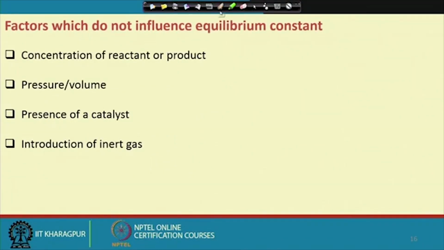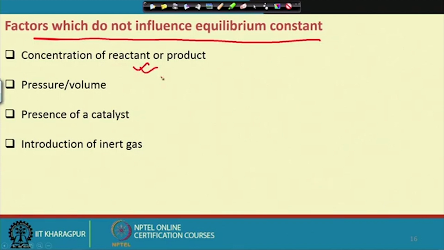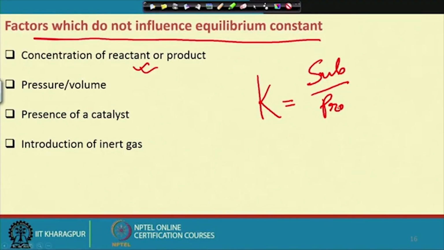Now, one important thing is what are the factors that do not influence the equilibrium constant. First is the concentration of reactant and product, because K equals concentration of product by concentration of substrate. Suppose the concentration of product changes, the concentration of substrate will change in a manner so that we can attain the equilibrium condition.